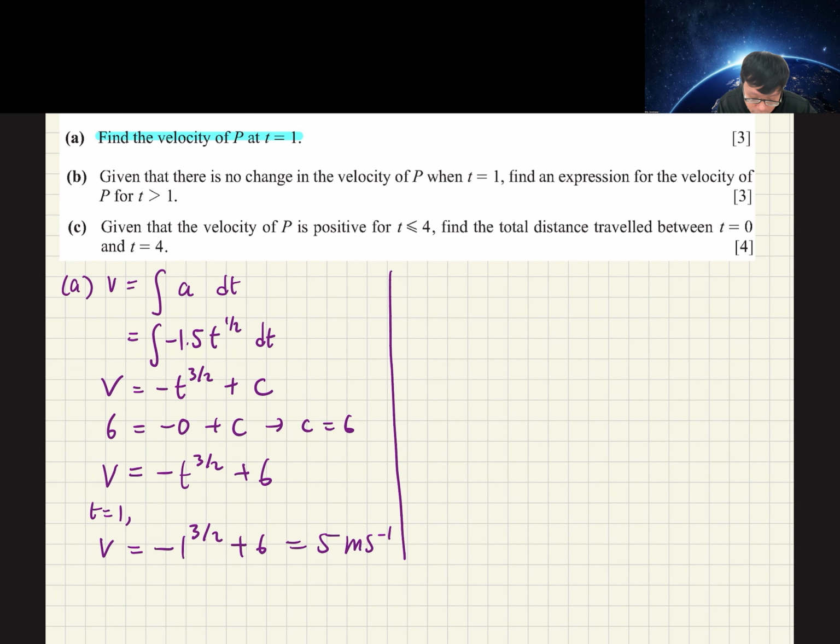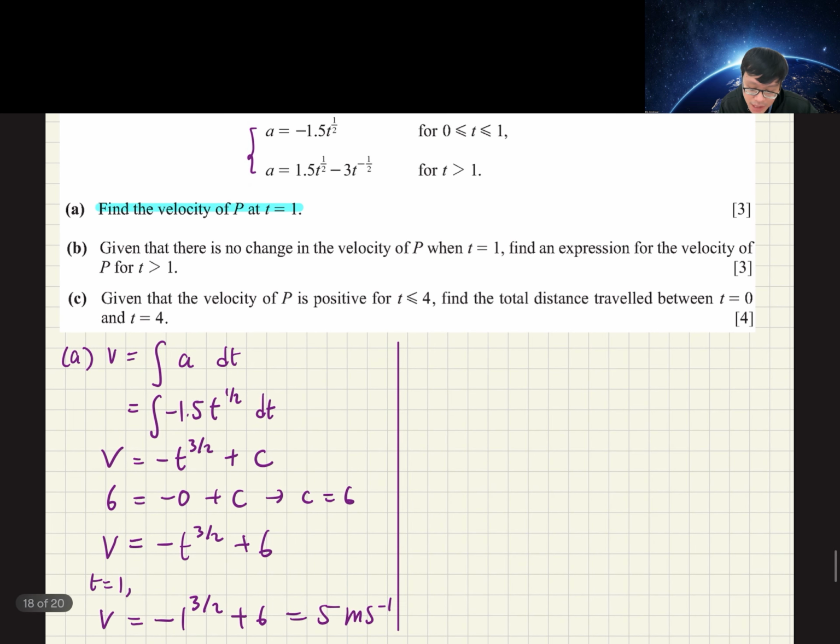The second question, given that there is no change in velocity of P when time equals 1, find an expression for the velocity of P when t is greater than 1. So let's take a look at what it means by no change in velocity of P when time equals 1. Time equals 1 is basically the boundary between two equations, right?